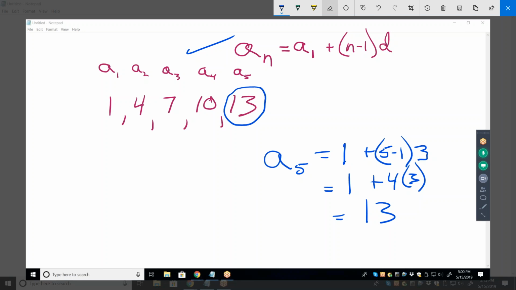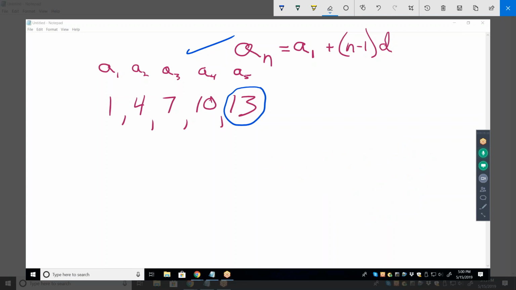Notice what we could do here is answer a question that would be very tough to answer. What would you think a sub 273 would be? Notice that if I were to do this manually, I would have to do this 273 times to figure out what it was.